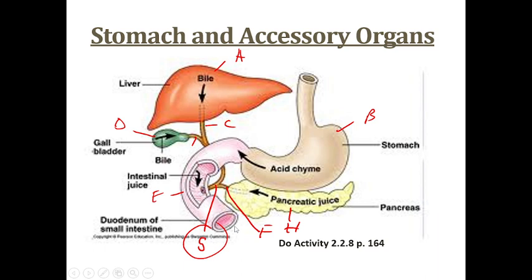How is the food found in B neutralized when it enters E? So the food in B is acidic. How is it neutralized when it gets into E?